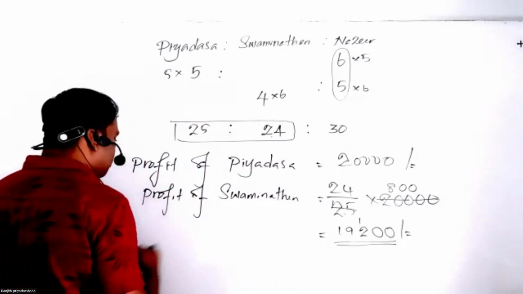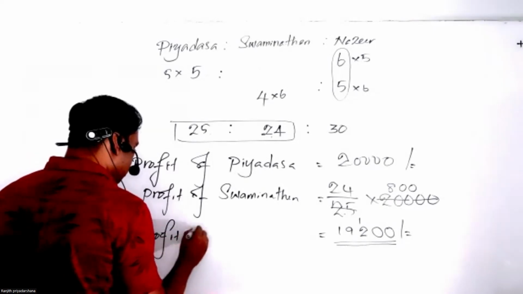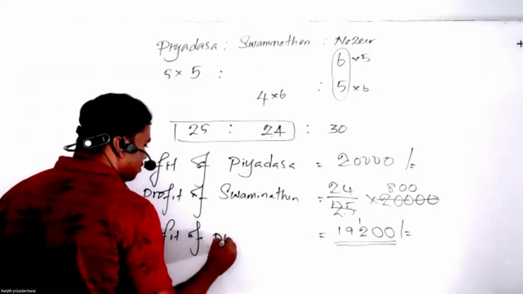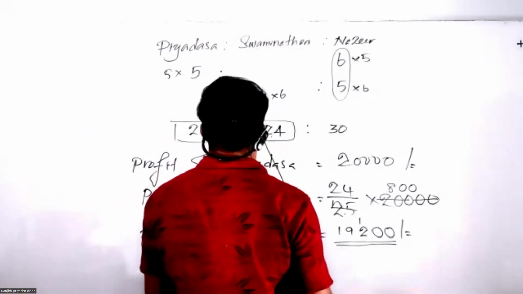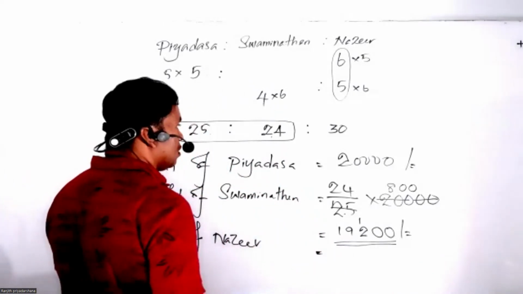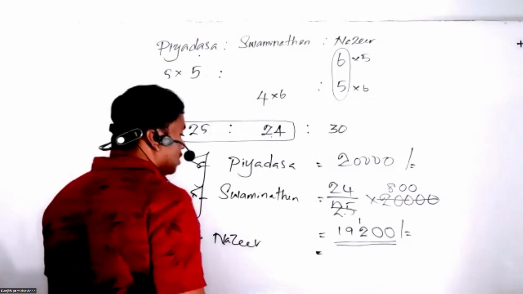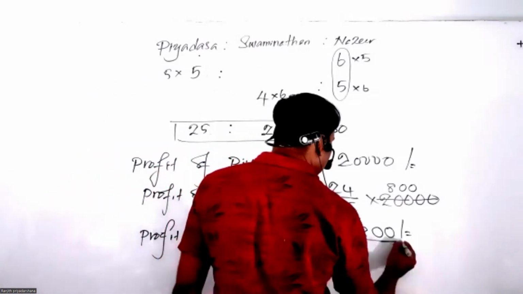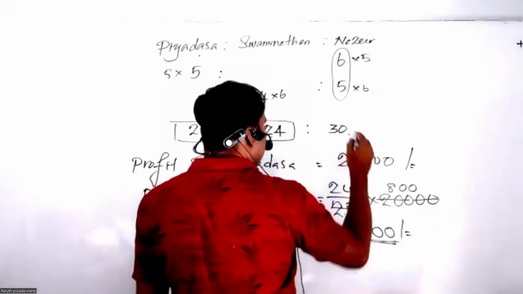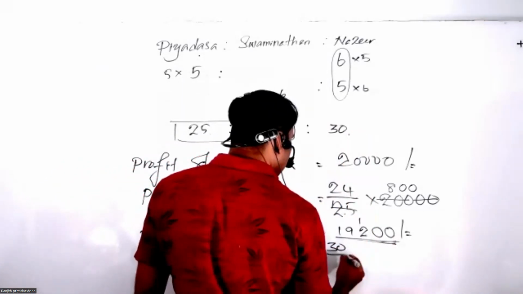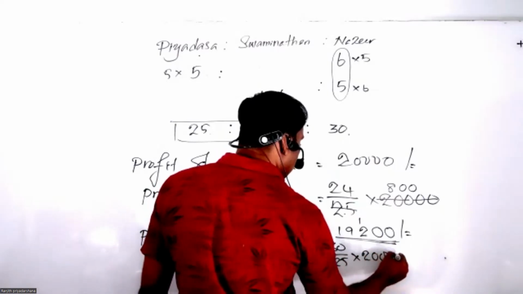Next, the profit of Nazir. Anyone can take it. Let's take Piyadasa. 25 to 30. That's easy for the calculation. Nazir is 30. 30 upon 25 into 20,000.